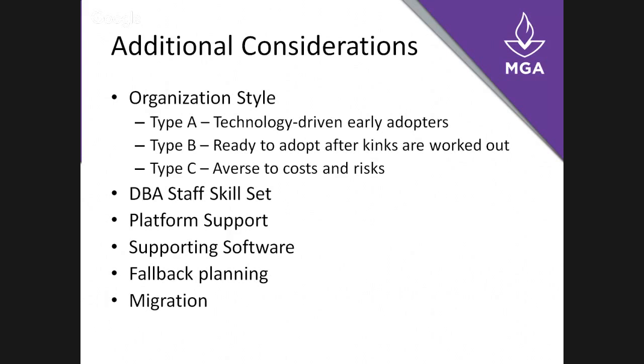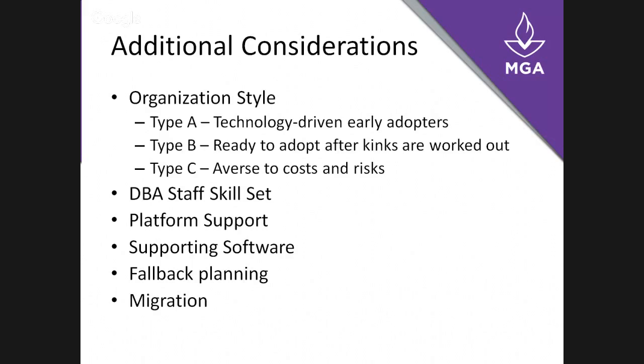You also have to take into consideration your organization style. I kind of misspoke earlier when I said type 1, but for type A, these organizations may be early adopters, those that are very tech driven, that need to stay ahead of the curve and ahead of other companies in technology advancement. There are type B companies that are happy enough to wait till the kinks and the bugs are worked out before they grab the latest software.